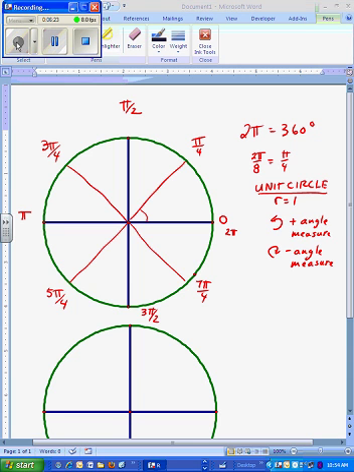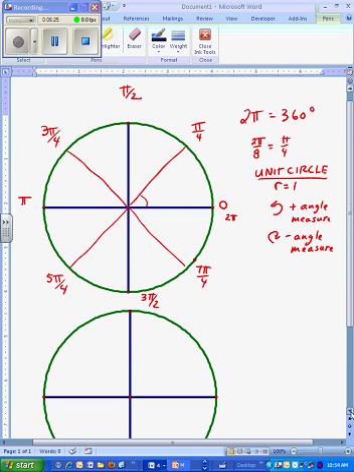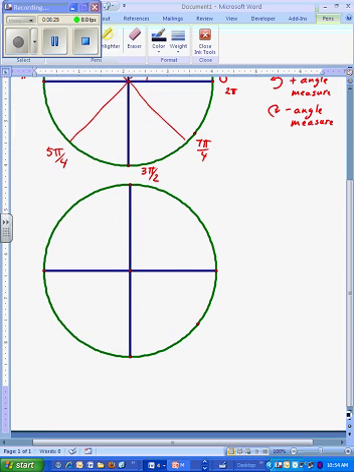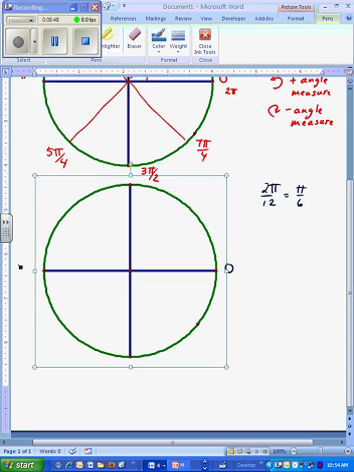We can do the same exact thing for this other circle that I have down below, but instead of splitting up the circle into 8 congruent pieces, I'm going to try to split it up into 12 congruent pieces. So if I have 2 pi divided by 12, each one of those angle measurements would be pi over 6. So if I go here again, this is 0, this is pi.